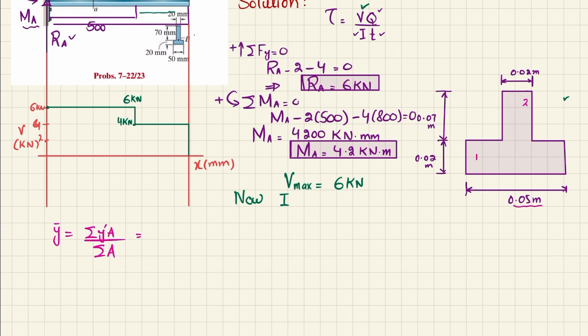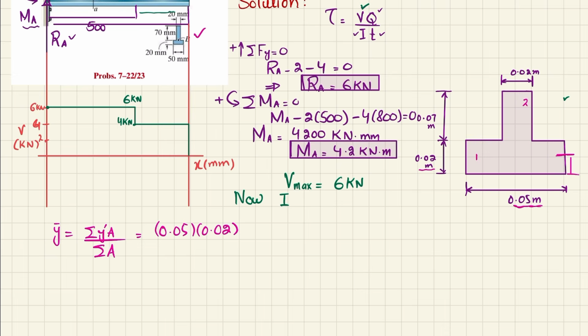I have drawn this cross section and all the values are converted into meters. So the first area is 0.05 into 0.02, and y dash is the distance from the base, because we have taken this base as a reference.